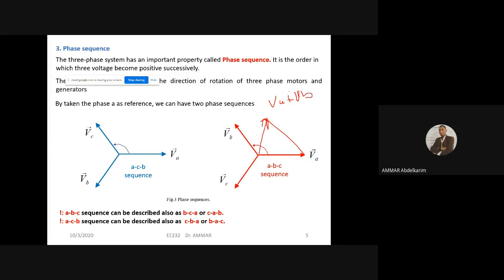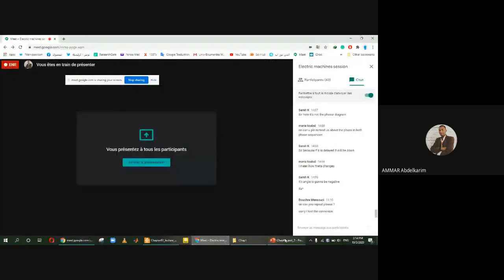While here, this vector is VA plus VC, not plus VB. You can see they are in the same place, but they are different. I'm going to move to the next slide. It will be more clear.